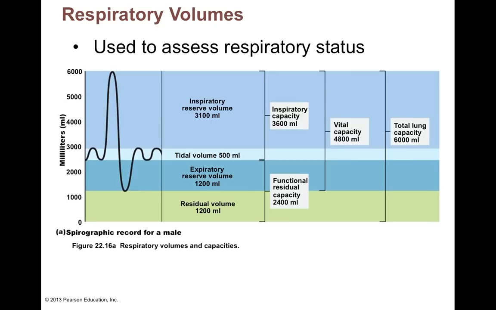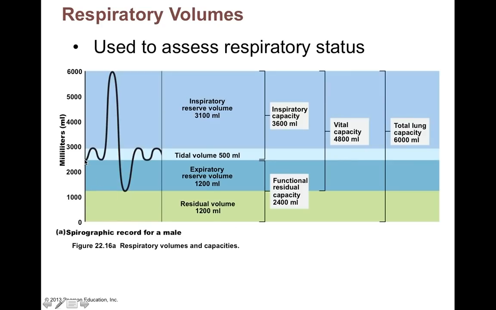Okay, so we actually went over these types of values back in lab, but let's review and summarize them again together. What we're looking at here with this picture is spirometric data, right? A spirometer measures airflow or ventilation over time, so what we see here are milliliters of air over time.